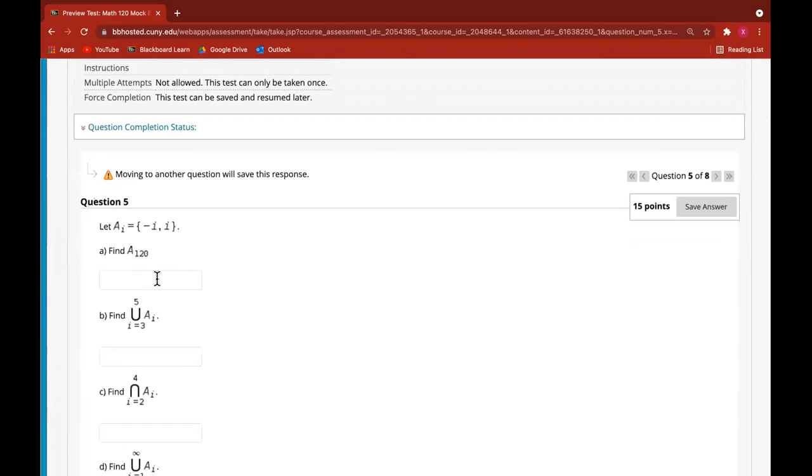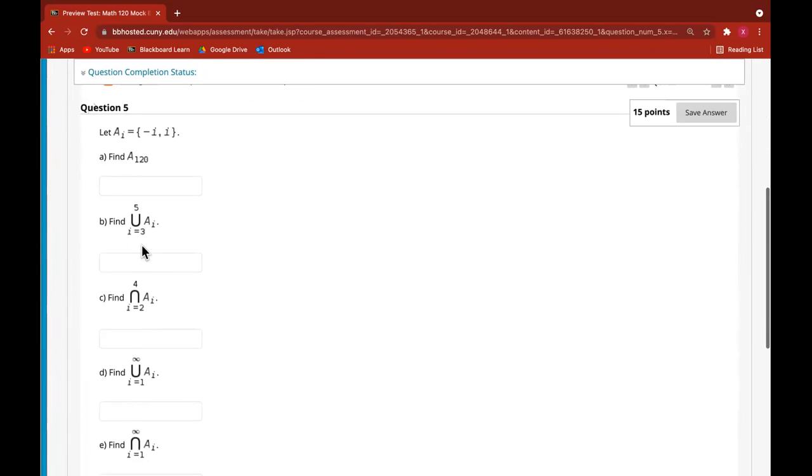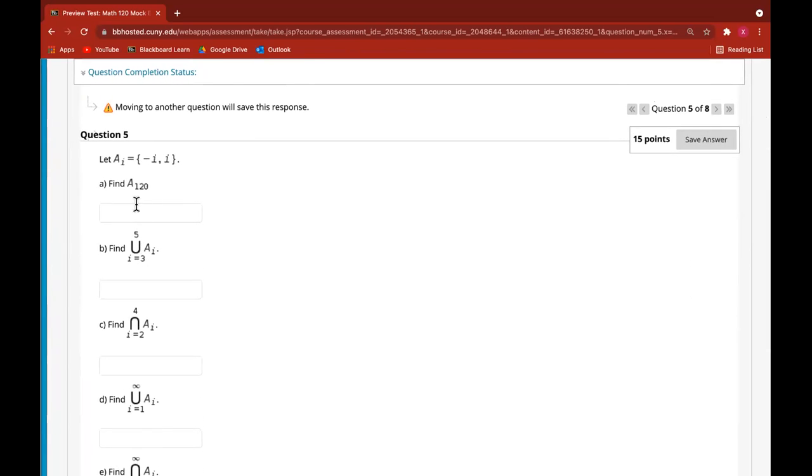Okay, next one. We know A_i is equal to negative i and positive i. It's asking what A_120 is. If A_i is negative i and positive i, then A_120 will be negative 120 and 120.